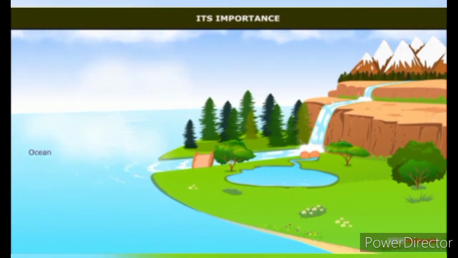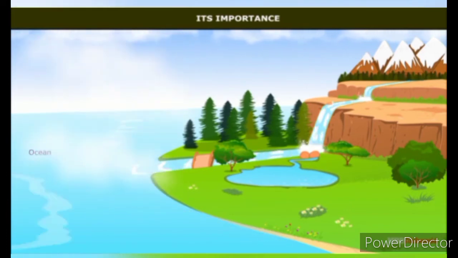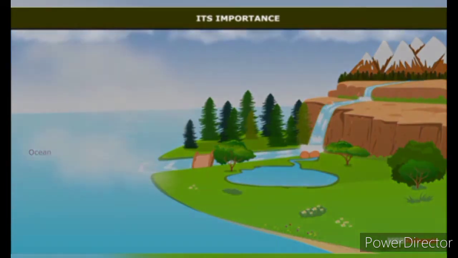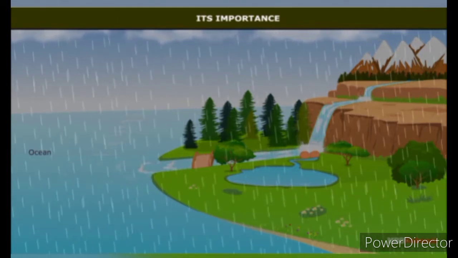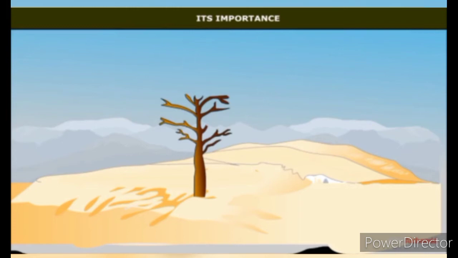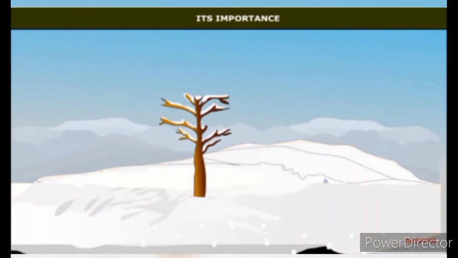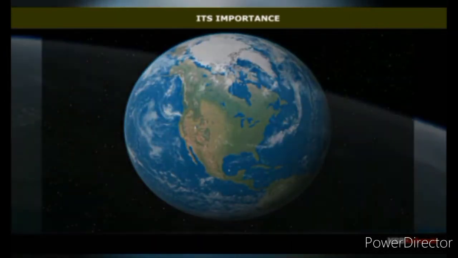Water vapor in the atmosphere absorbs the incoming solar radiation and does not allow the Earth to become too hot. It also causes precipitation, rainfall, snowfall, etc. on Earth. The blanket of air, especially the ozone layer, protects life on the Earth from the harmful ultraviolet radiations of the sun.